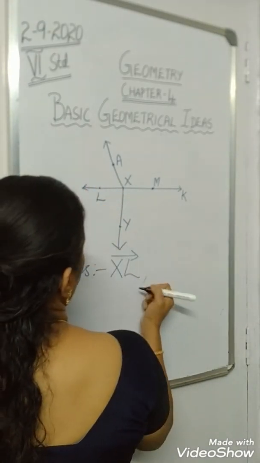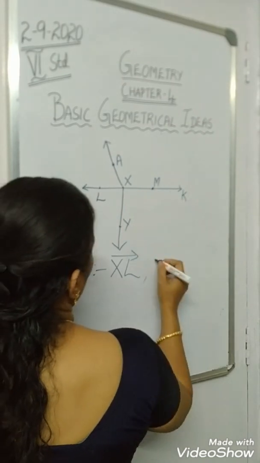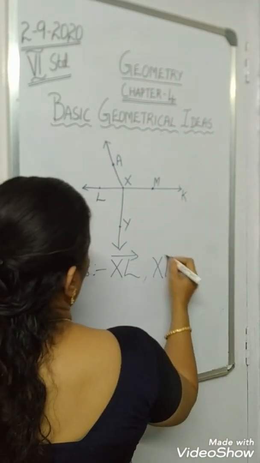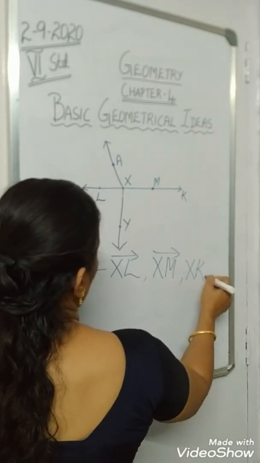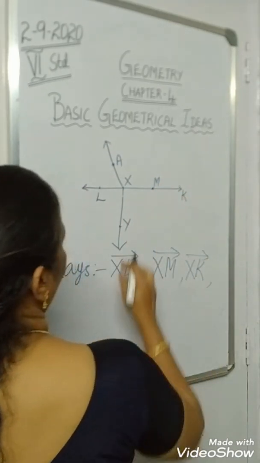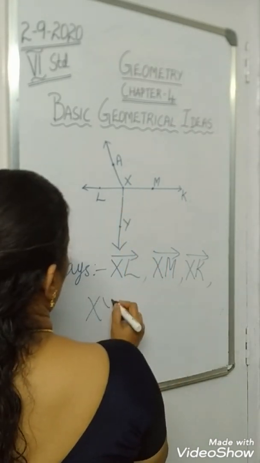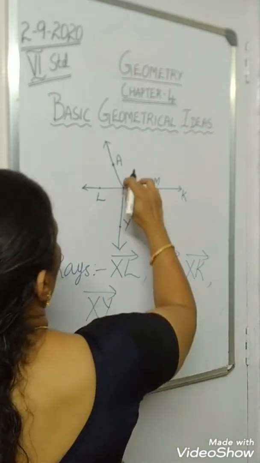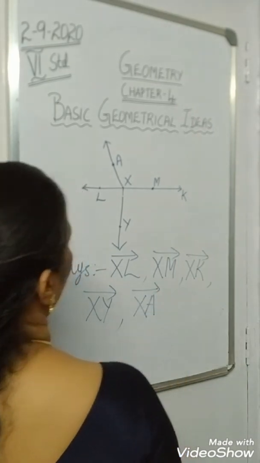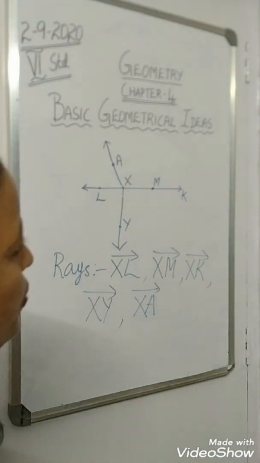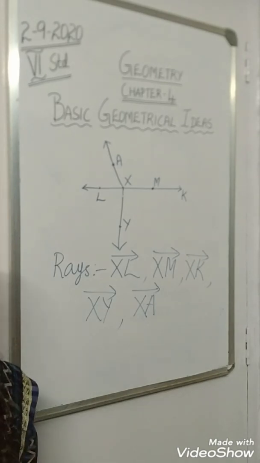XL is a ray. XM is also a ray. XK is also a ray. Then XY is also a ray. XA is also a ray. Yes? Hope it's clear. Now did you understand, children?